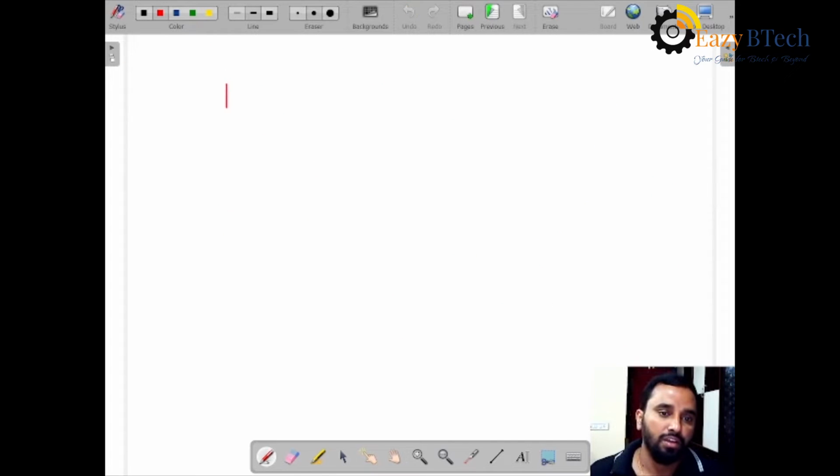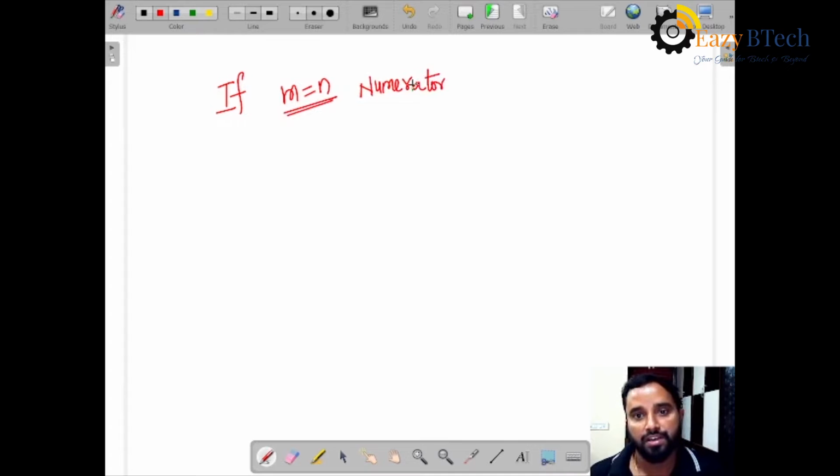If m is equal to n, what happens to the numerator integral? The numerator integral is the integral t1 to t2 of x m of t into x n star of t dt.